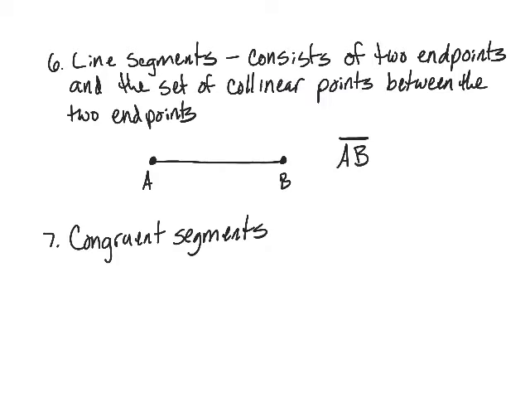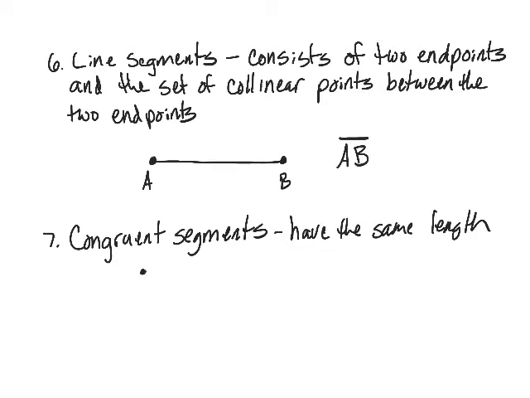So now we're going to talk about the word congruent, congruent segments. If two objects are congruent, that means they have the exact same size and shape. So congruent segments would have the same length. They share the same distance.